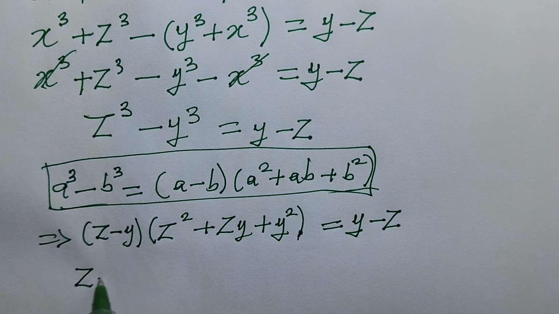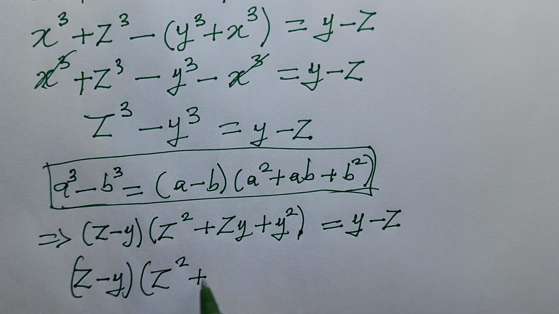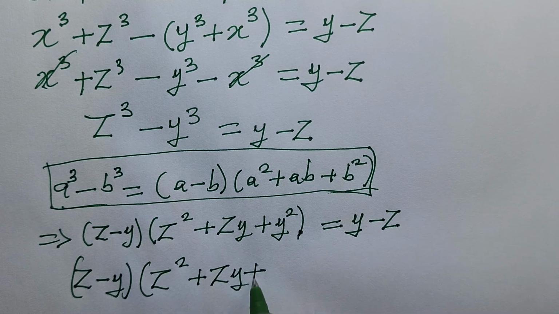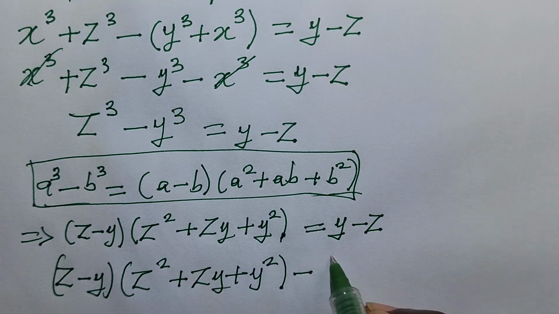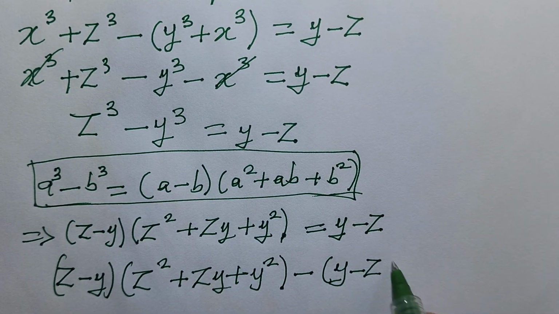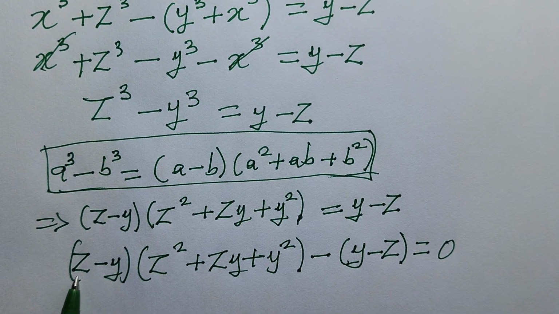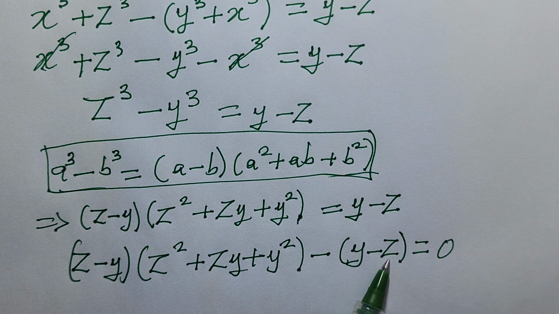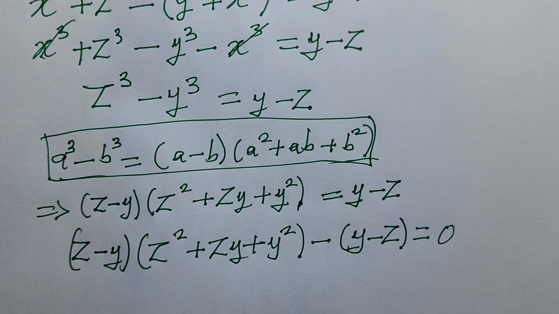So this will give us z minus y times bracket z to the power of 2 plus zy plus y to the power of 2, then close bracket, minus bracket y minus z close bracket, everything equal to 0. Now you discover that here we are having z minus y and here we are having y minus z. So we want to bring this to this side, and this will turn to plus and this will turn to minus. So let's rearrange this.